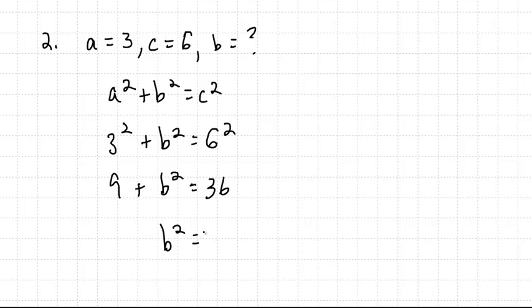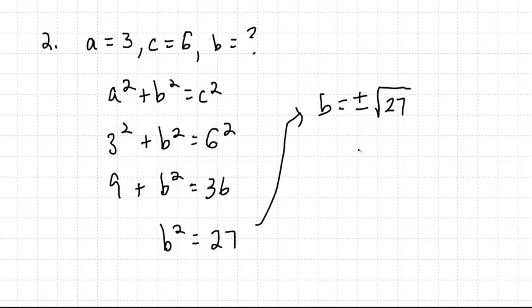So B squared should be equal to, subtracting 9 from both sides, 27. So that means B must be positive or negative root 27. There is a perfect square that goes in 27. It's 9. So B, ignoring the negative answer for now, is root 9 times root 3. So B is 3 root 3.